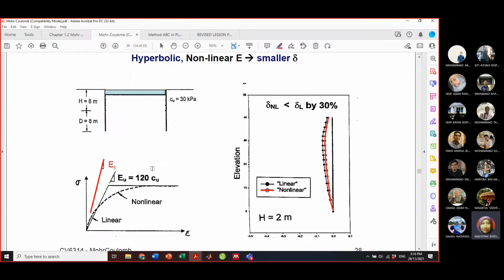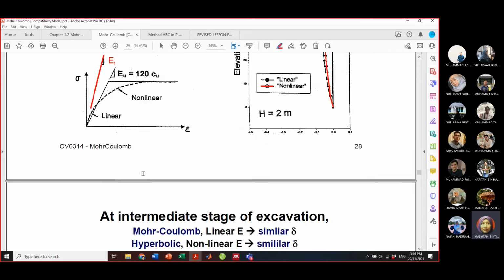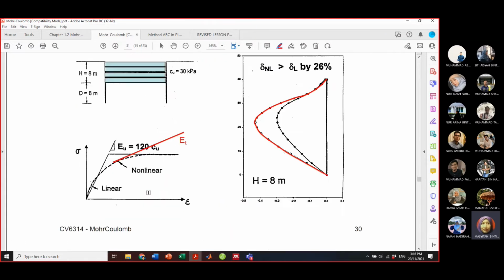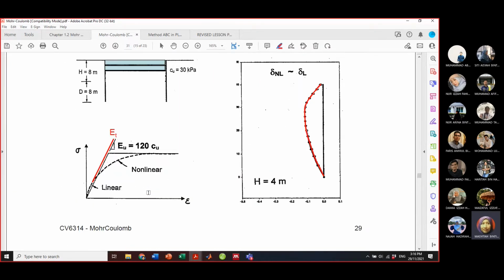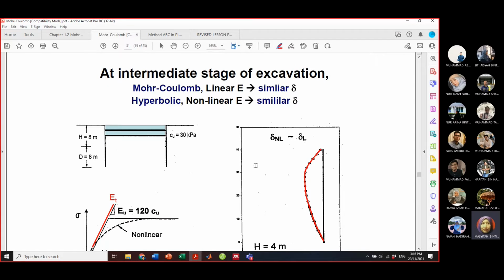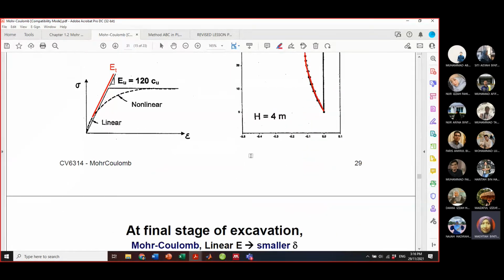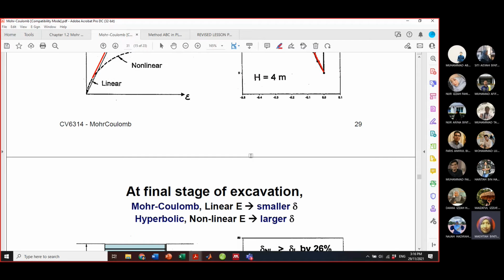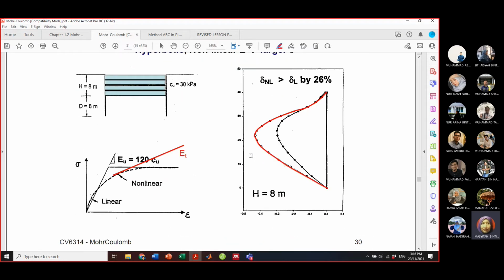It means that kalau you nampak dia punya differences from the beginning, excavation 1, excavation 2, and then excavation 3, and lastly excavation 4, you can have the conditions. Kalau kata first is Mohr-Coulomb as a linear, and then hyperbolic is a non-linear. The value of course first is EU. It's very significant, the stiffness parameters on the wall deflections result.